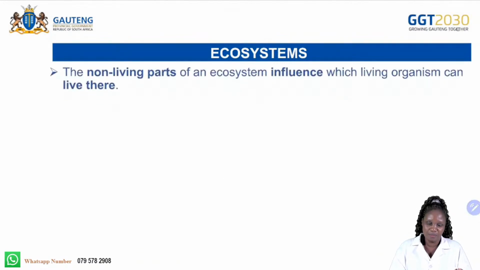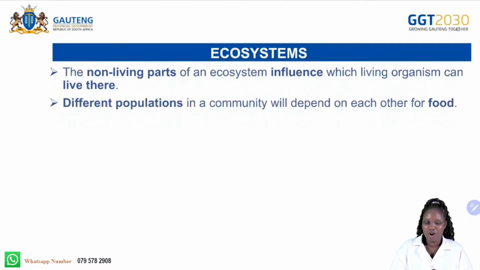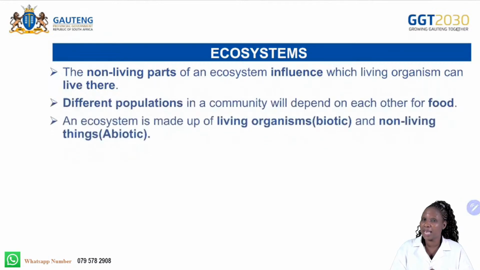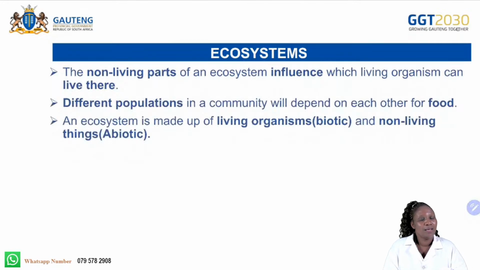Okay, let's move on to ecosystem. We are going to look at the non-living parts of an ecosystem that influence which living organisms can live there. And then different populations in a community depend on each other for food. Now we are looking at the food chains, all right?